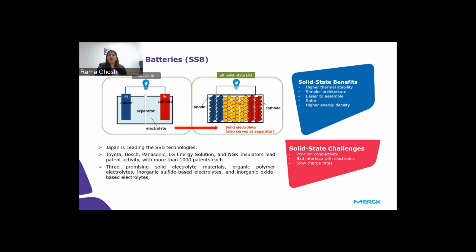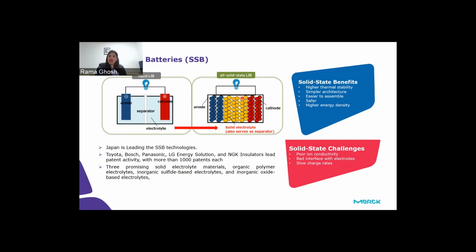Other than safety, what benefits are we looking for? Most importantly, these solid state batteries are very stable in thermal conditions, from 120 to more than 500 degrees centigrade. They have simple architectures, are easy to assemble, and have higher energy density as well.